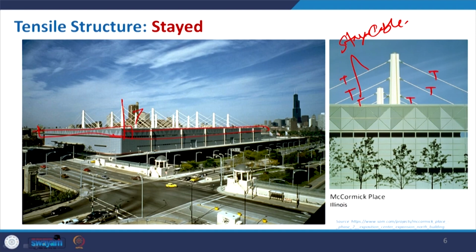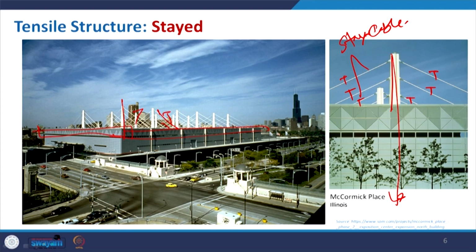But at the same time, as I mentioned, in this particular bar, the mast sometimes we say, they are carrying the load to the ground. So, this will take compression, but predominantly if you see the overall arrangement, it is coming under the stay cable structure. So, this is one kind of arrangement, and this is again you can see a modern building.